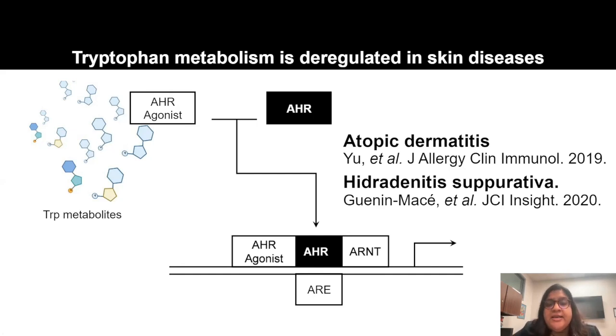So we know that in atopic dermatitis, in some studies, tryptophan metabolism is attenuated. And another disease which is associated sometimes with barrier dysfunction is hidradenitis suppurativa, where it was found that the microbiome of patients with this condition showed dysregulated tryptophan metabolism.